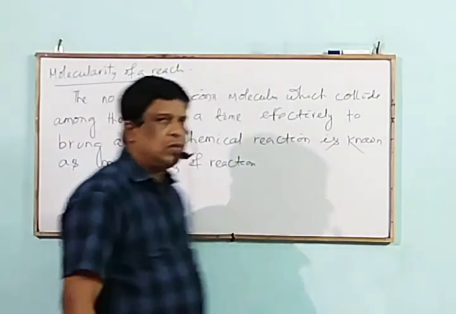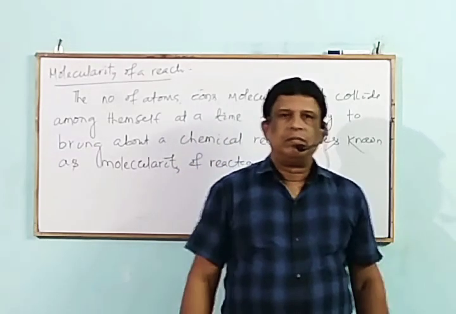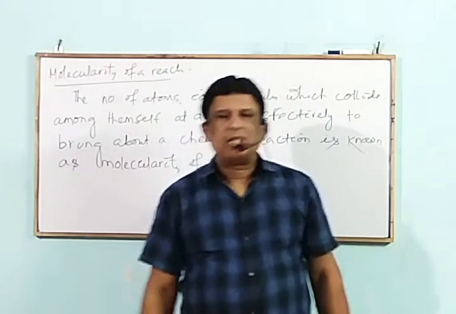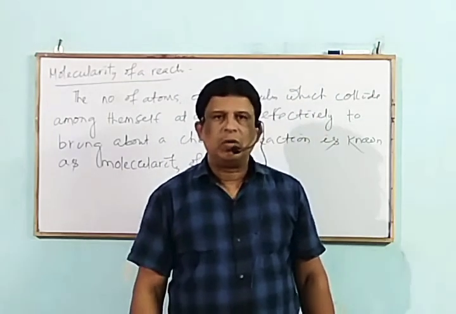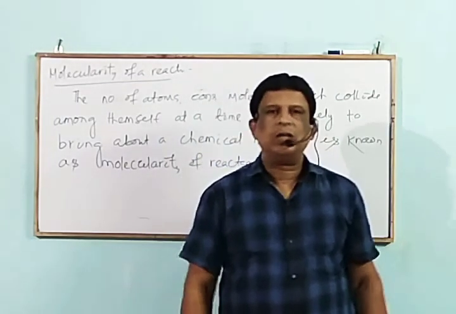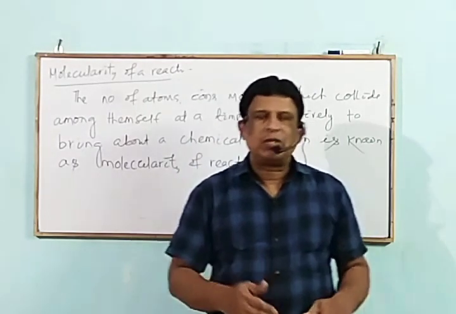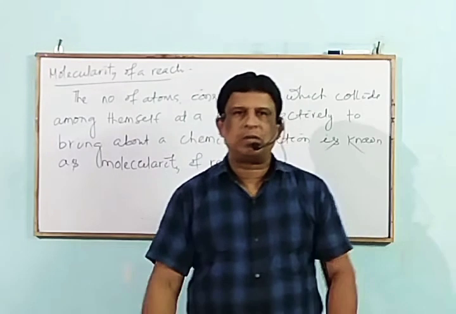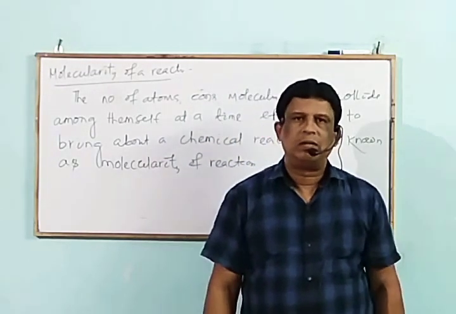Then we discuss some explanation relating to molecularity. There are some reactions which complete in a single step, that is known as a simple reaction or elementary reaction. Some reactions proceed in a number of steps, that is known as a complex reaction.